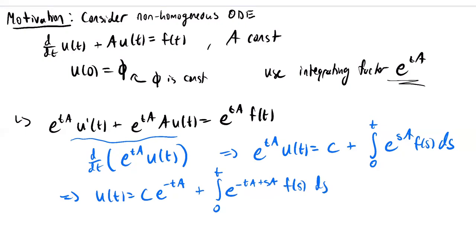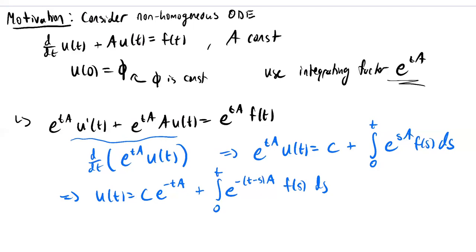And maybe let me write the power of the exponent slightly differently. So it's just going to be e to the minus parentheses t minus s times a, right? Because the negative sign will distribute. And then, well, what does c have to be?